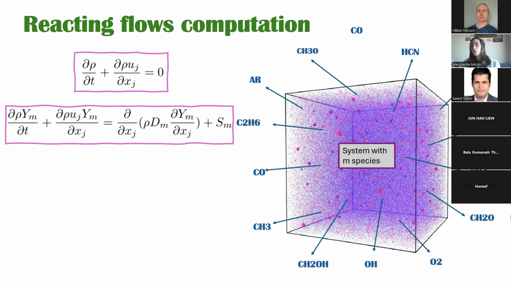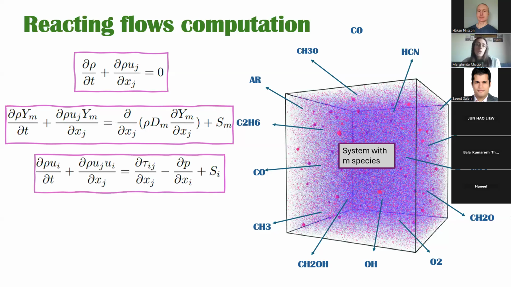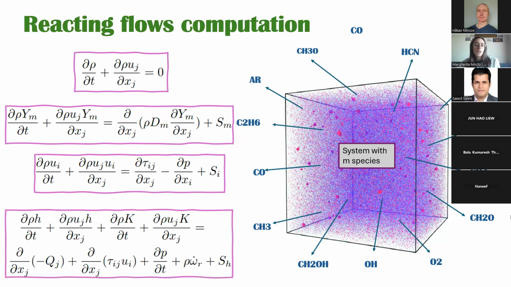Because we suppose we have a system with M species, we have M species transport equations in order to solve each of them. Then we have the continuity equation, the momentum equation, and the energy equation.